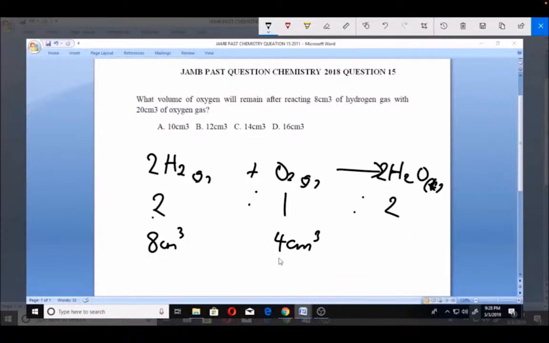But this time around, if you react this 8 with oxygen, which is supposed to take off 4, here we're having oxygen 20. So how many will be remaining? It's going to be 20 minus the 4 that is already taken up, to give us 16 cm cubed. So the answer is D, 16 cm cubed. Very simple: you have to write the equation, and you have to deduce your answer from the equation. Thank you.